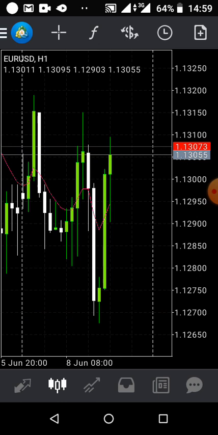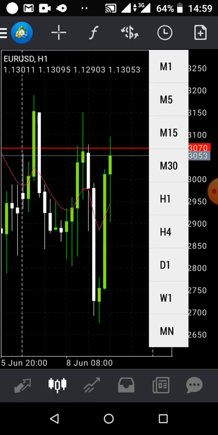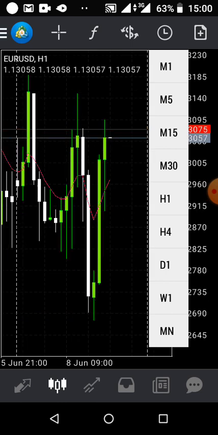All right. Now the next thing there is something that looks like a clock. That is your time frame. If I tap it, you see a drop down of time frames: M1, which is 1 minute, M5 5 minutes, M15 15 minutes, M30 30 minutes, H1 1 hour, H4 4 hours, D1 1 day, W1 1 week, and MN monthly charts.